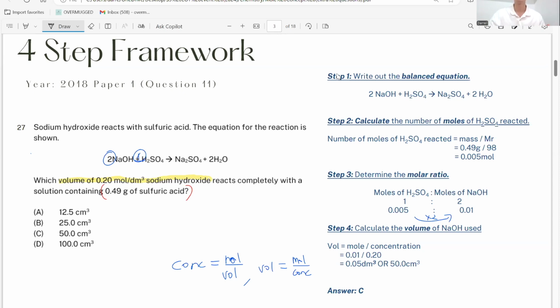Where is it? It's provided in the question, right? Over here, 0.20. So by taking mole, which is 0.01, divided by the concentration, which is 0.2, I'm able to solve for the volume. You get 0.05 dm cubed. But the answer here is in cm cubed. So you need to convert dm cubed to cm cubed to get the final answer, C.